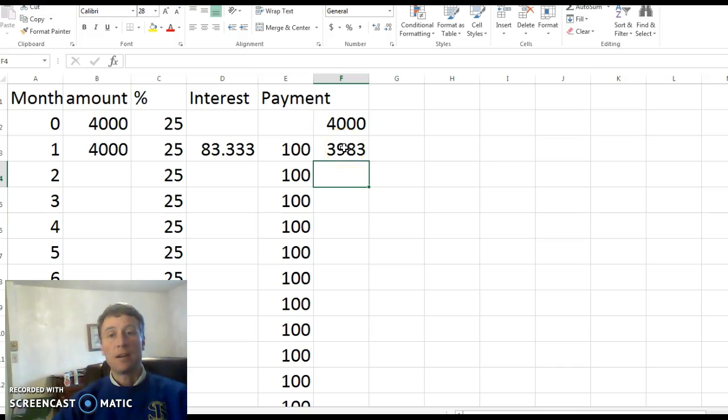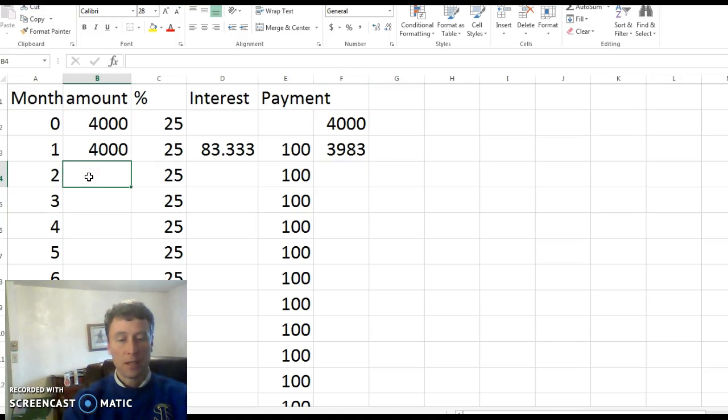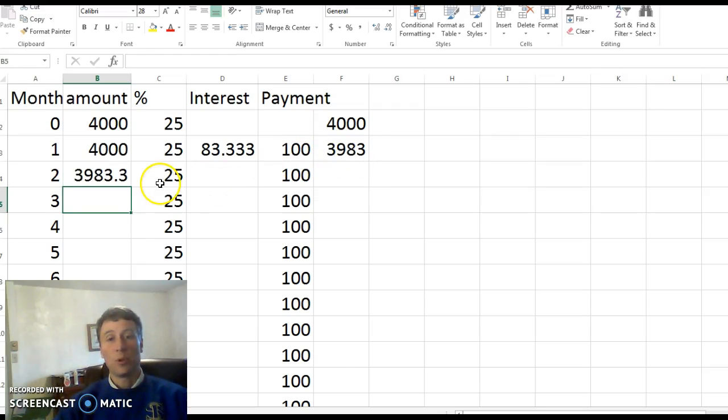Now, if I take that value and put it here, not by number, but by location, so if we just put it in there by saying equals F3, then it will take that value and put it in there. Then we'll use that value for our next month's calculations.